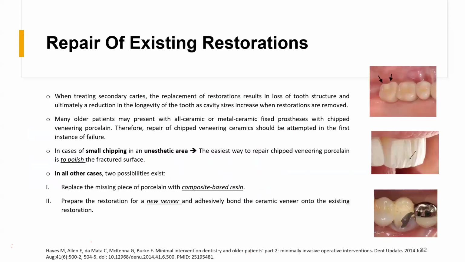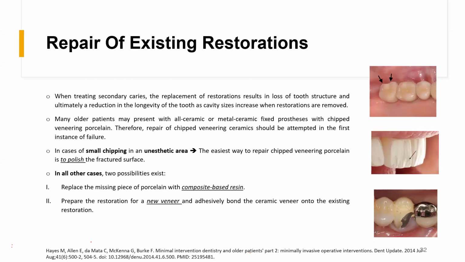Now, the repair of existing restorations. When treating secondary caries, replacing a restoration causes a loss of tooth structure, which in turn reduces tooth longevity, because we remove sound tooth structure while replacing the restoration. Therefore, when treating secondary caries, it's more conservative to repair rather than replace a restoration, especially in older patients.